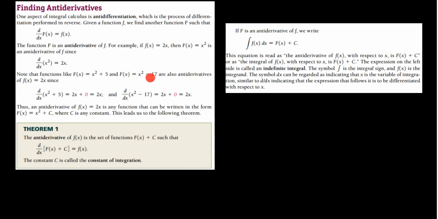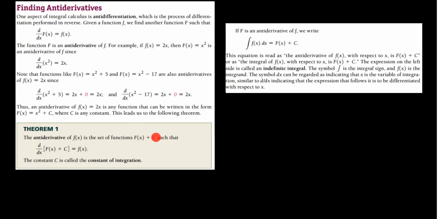But we do run into a little bit of a problem, because it appears that if we take the antiderivative of some function, it doesn't really matter what the constant is. It just seems to pop in the way. And of course, we see that in Theorem 1. The antiderivative of f of x is a set of functions, capital F of x plus c.